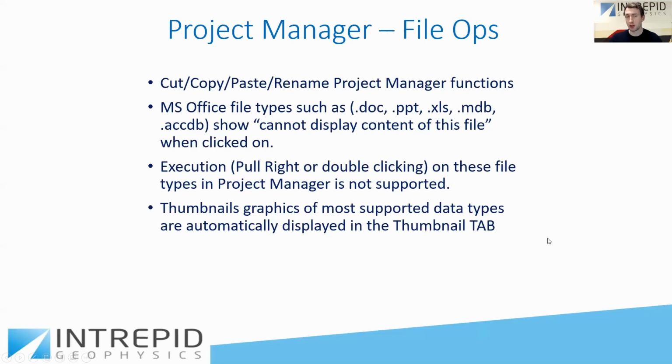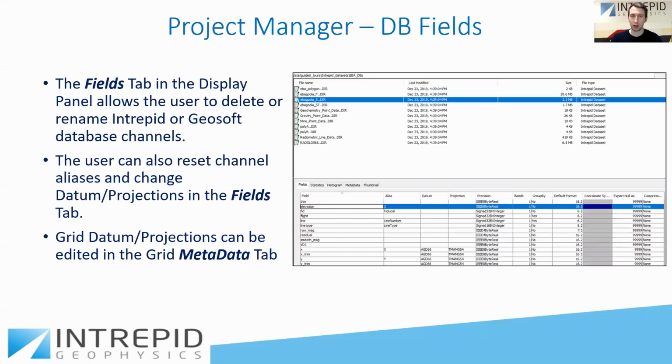If a file type is supported, usually you will see a little thumbnail next to the file name within the project manager, and that's usually a good indication of whether it's natively displayed. You can just click on it, and if the context-sensitive display doesn't update, then obviously it's not going to be supported.